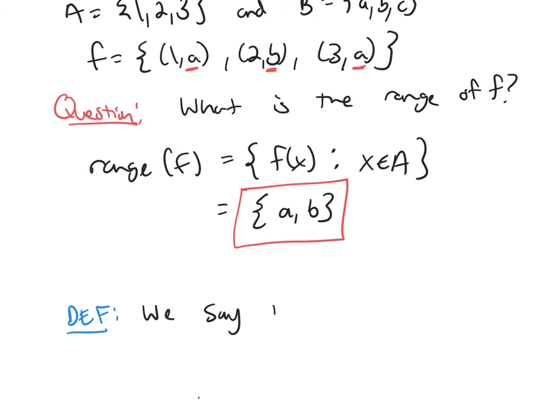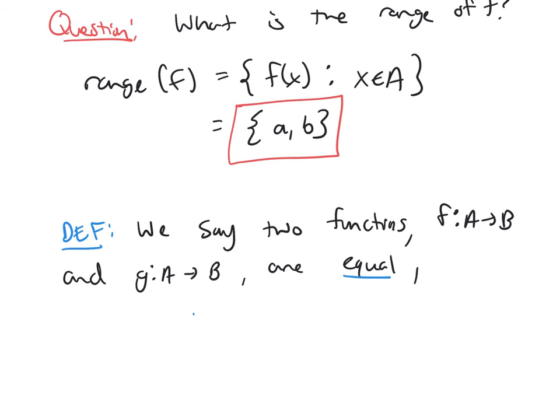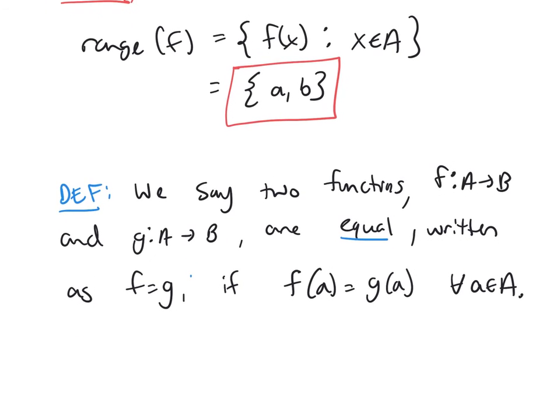So we say two functions, F from A to B, and G also has to go from A to B, are equal, and we write that as F equals G, if, well, they have to agree on every value of A, so F of a equals G of a for all a in A. So if when I input all my values, these two functions spit out the same outputs, then these two functions are equal.